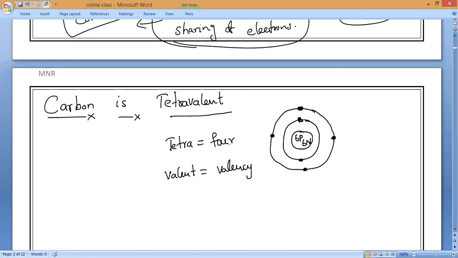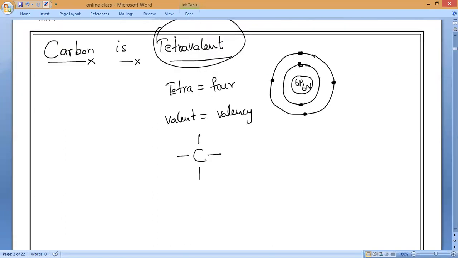So that is why the carbon atom requires 4 electrons to achieve the inert gas electronic configuration. So carbon is tetravalent. If you want to represent tetravalent carbon, you can represent it like this. This is the symbol of tetravalent carbon.